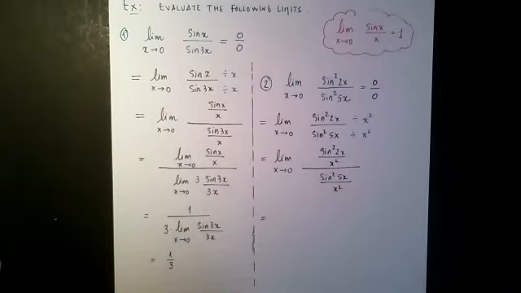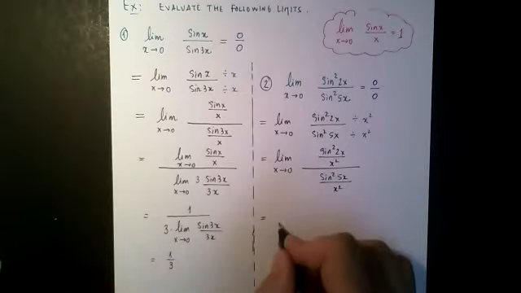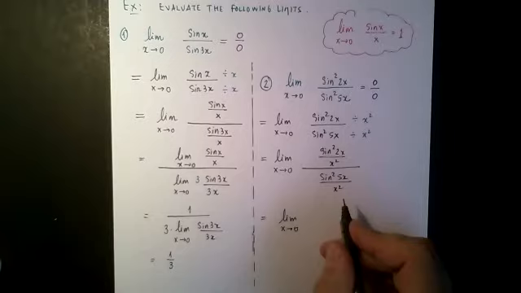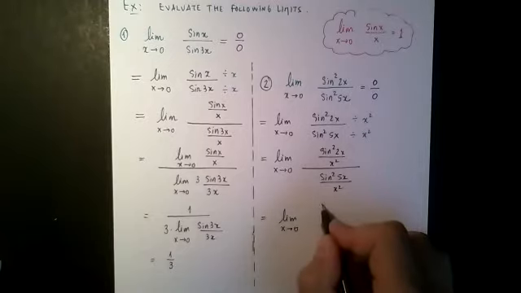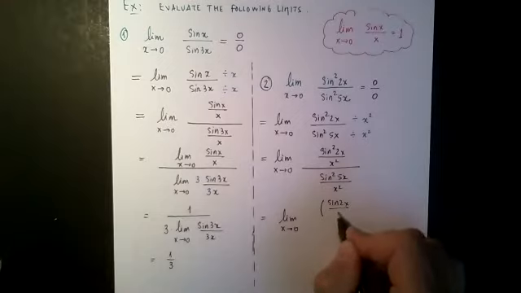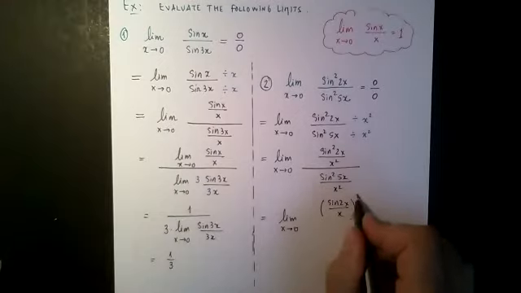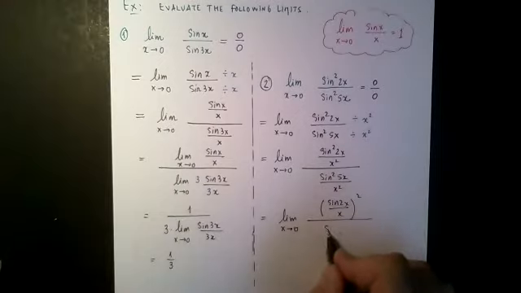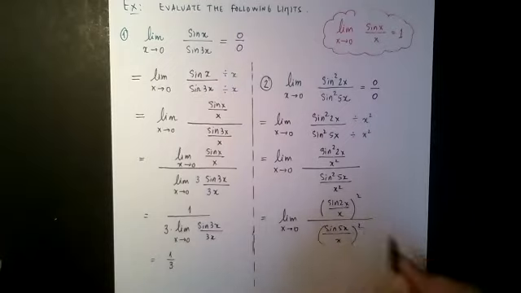Okay, you following? And now I can do this as 2 independent problems. So the top will be sine 2x over x squared, and the bottom will be sine 5x over x squared.